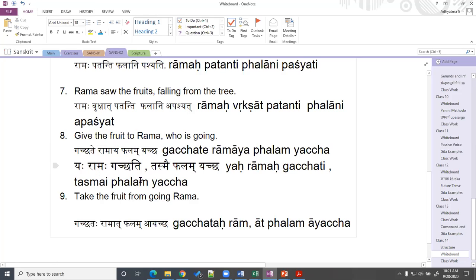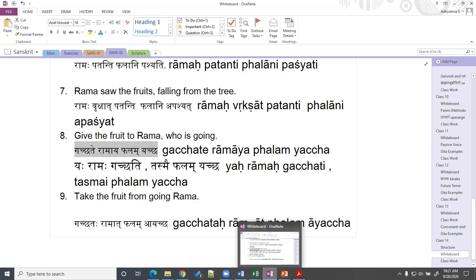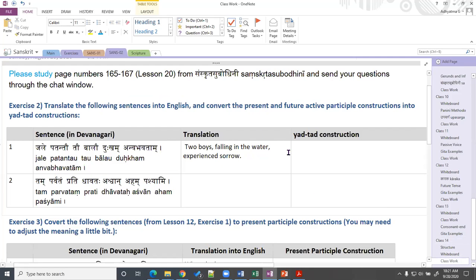In fact, you can say Yah gacchati tasmai Ramaya phalam yacha. That's also okay. But more frequent is this kind of form rather than combining this way. So in some cases you will find during this exercise, when you do the homework, that yat tat construction seems a little bit not so elegant, but it can be made. So here it's an indefinite part anyway, so here it's easy to make.